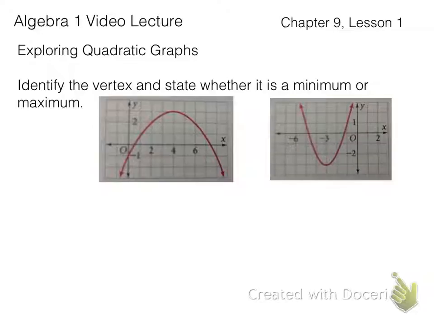Let's take a look at the first graph on the left. It has a vertex with the highest point of (4, 3), which means it's a maximum. The whole parabola takes place at or below 3.